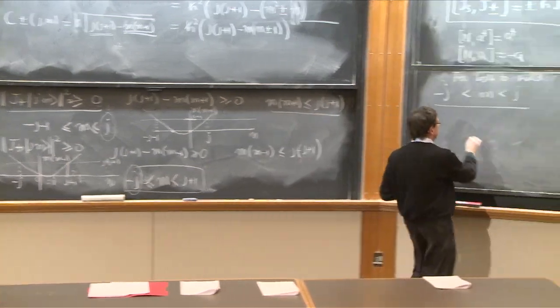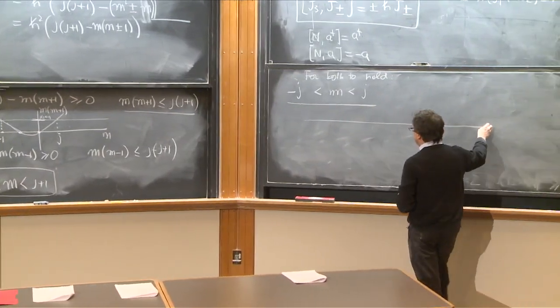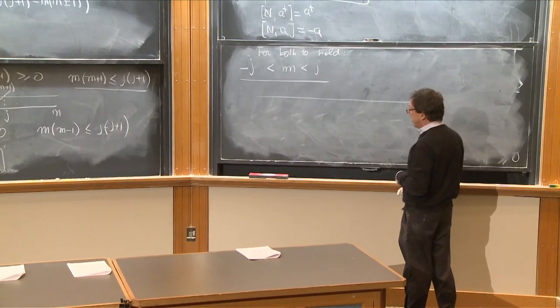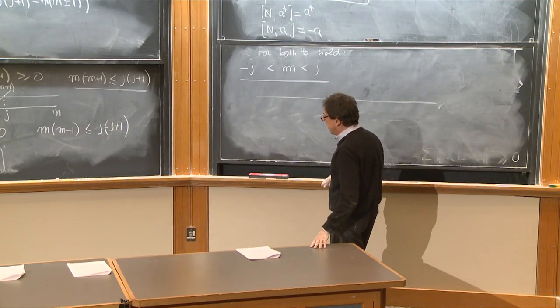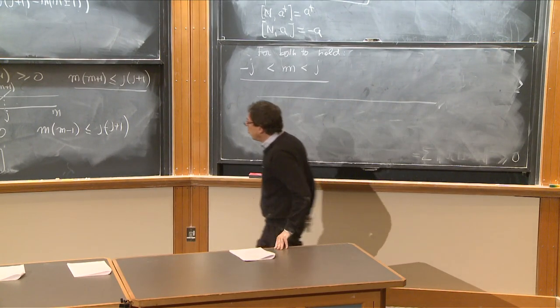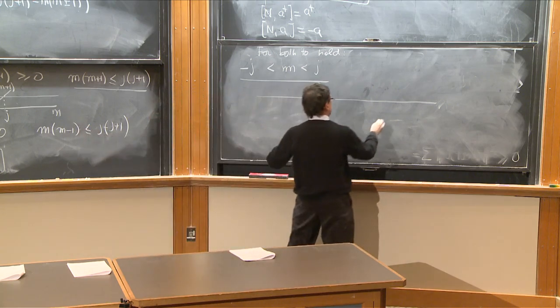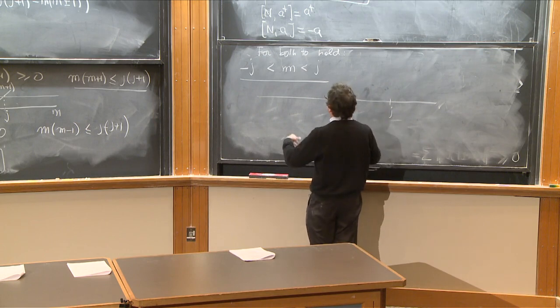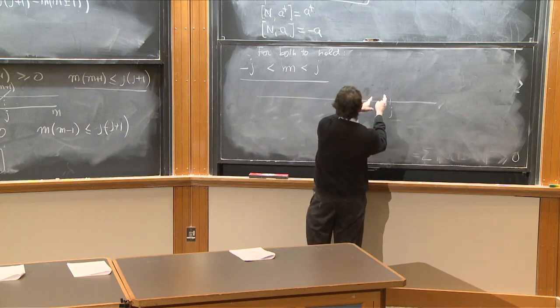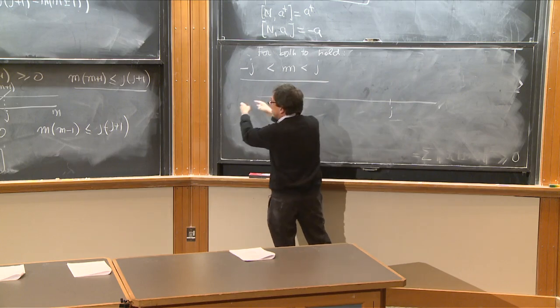So actually, you see, if you choose some j over here, we need a few things to happen. You choose some j and some m. Well, you're going to be shifting the m's.